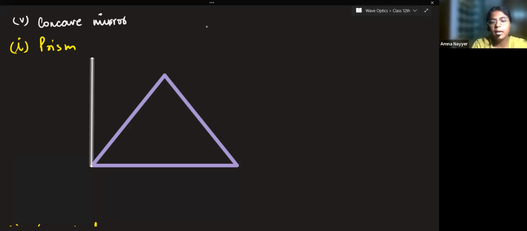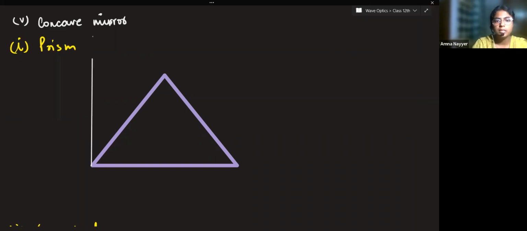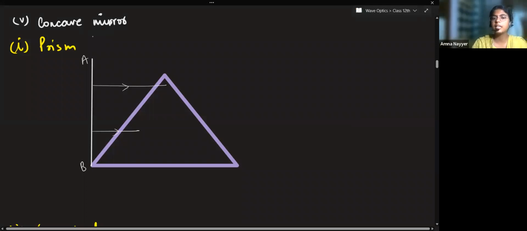Now what will happen? See class. Different points are there. If you look at this point, what will happen? This is the primary wavefront, incident wavefront you can say, which is incident on the prism.